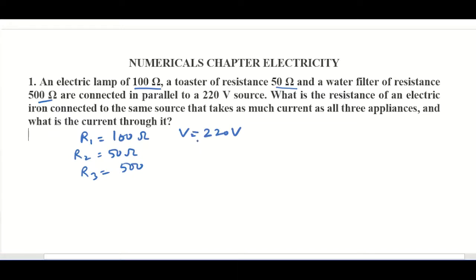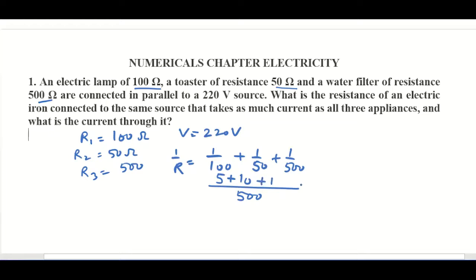So first we need to calculate the equivalent resistance, and 1 upon R is equal to 1 upon 100 plus 1 upon 50 plus 1 upon 500, and take the LCM. You get 5 plus 10 plus 1, which is equal to 16 upon 500.